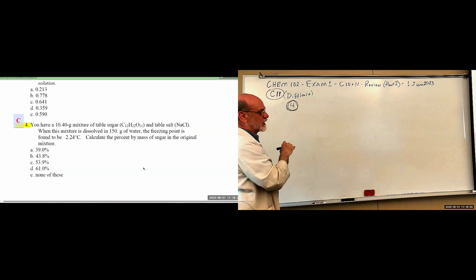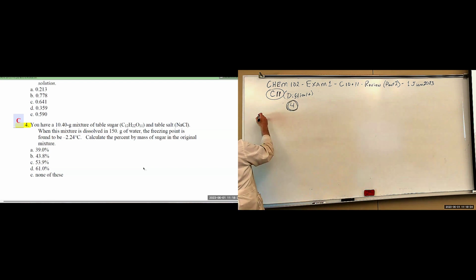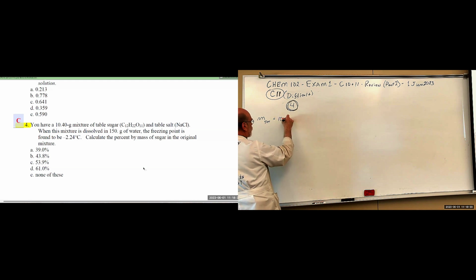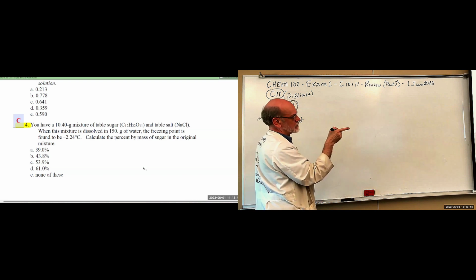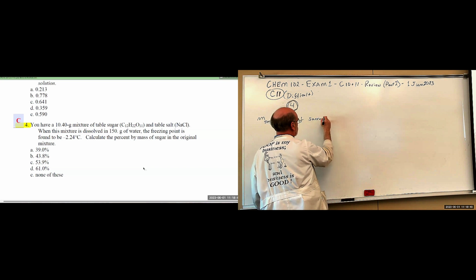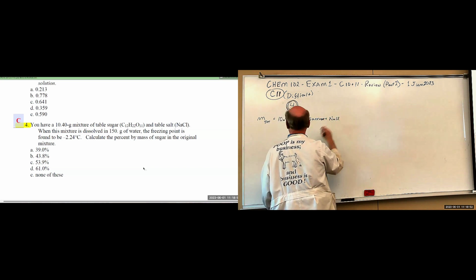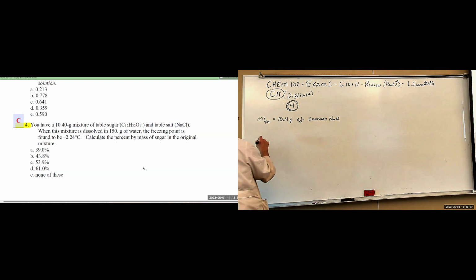Let's get everything up here that we know. 10.4 gram mixture, so total mass equals 10.4 grams of sugar and table salt. That's sucrose and sodium chloride. When we put that in 150 grams of water, the mass of the solvent is 150 grams.